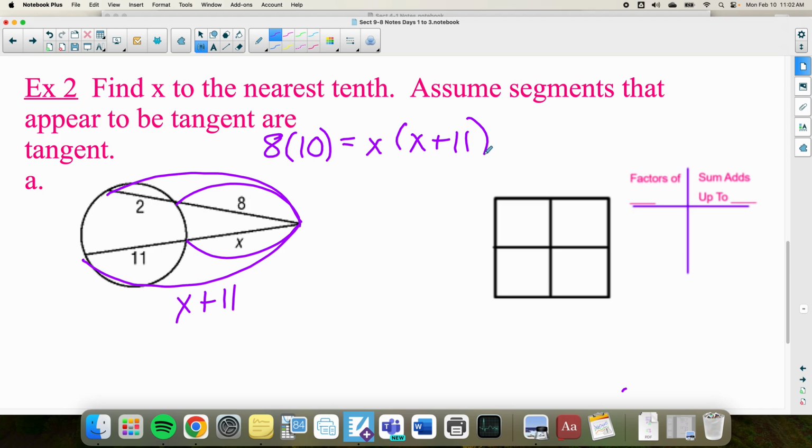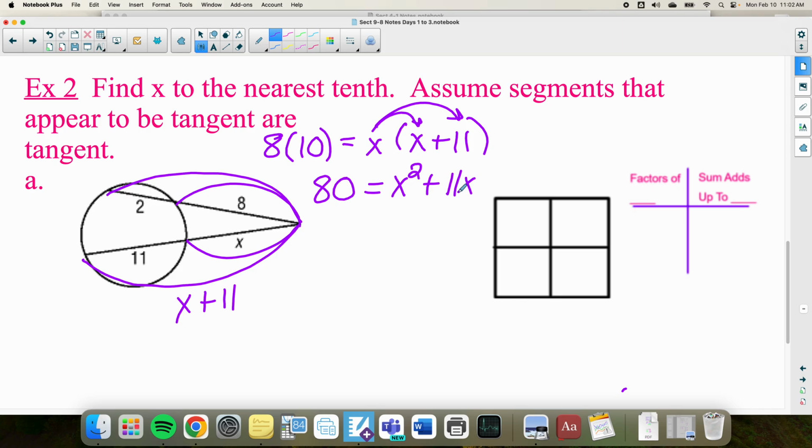Now, 8 times 10 is 80, and that equals, and here we're going to distribute. X times x is x squared, x times 11 is 11x, okay? When you have an x squared, an x, and a number, that should tell you that you have to factor it.